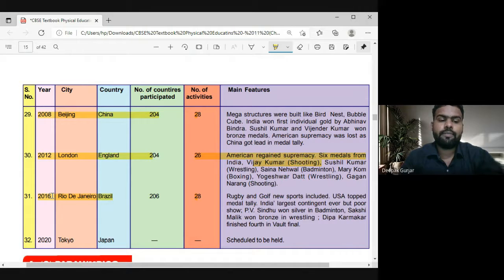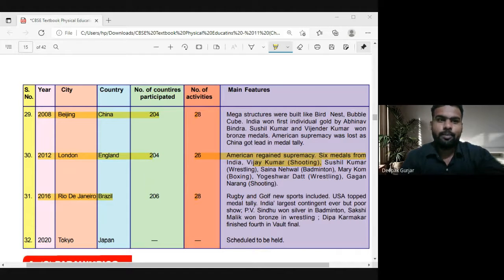Rugby, golf and other games were included. PV Sindhu won silver in badminton, Sakshi Malik won bronze in wrestling, and Deepa Karmakar finished fourth in the final. These are very important things about the modern Olympics that we must know.